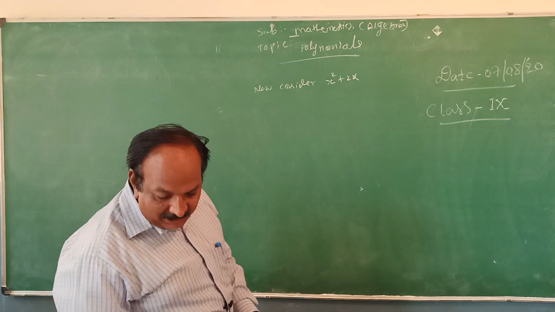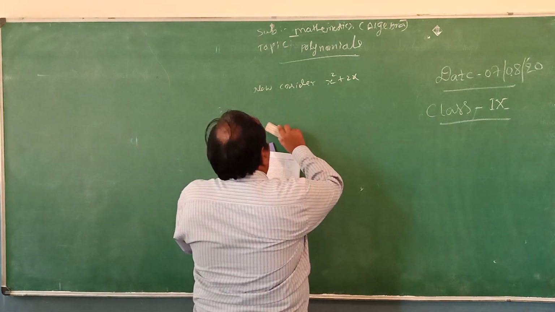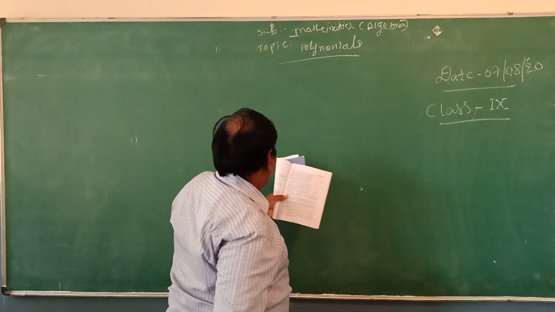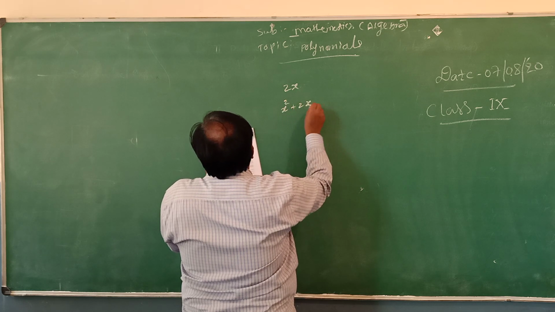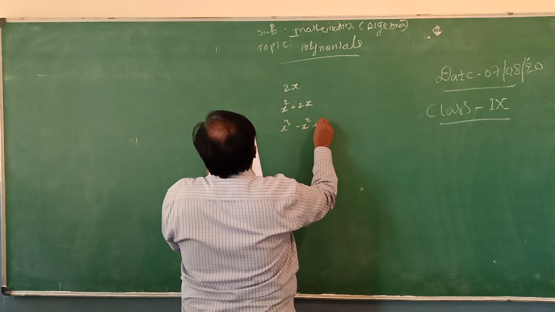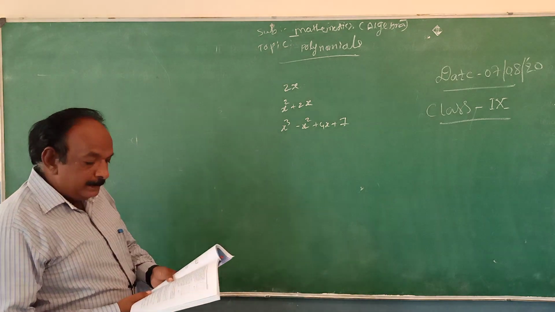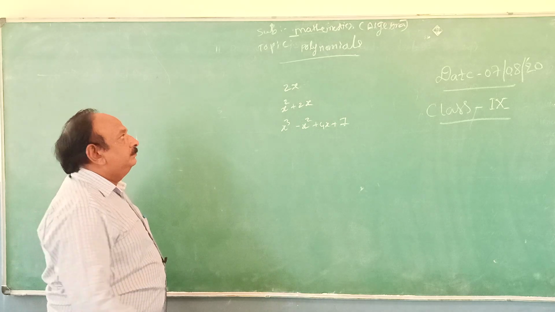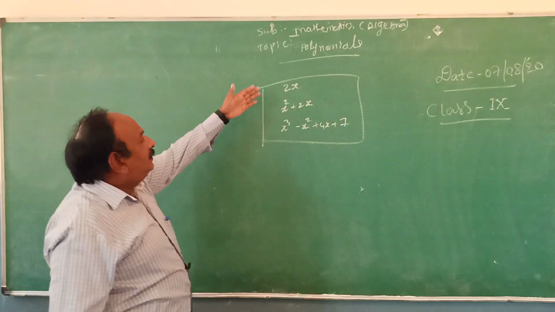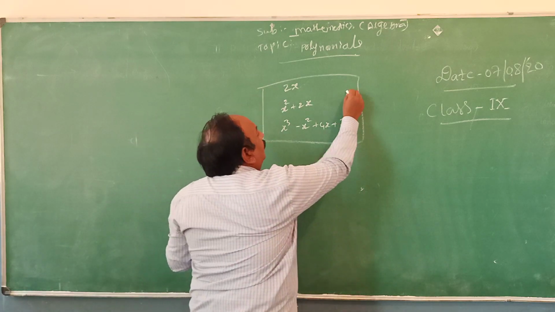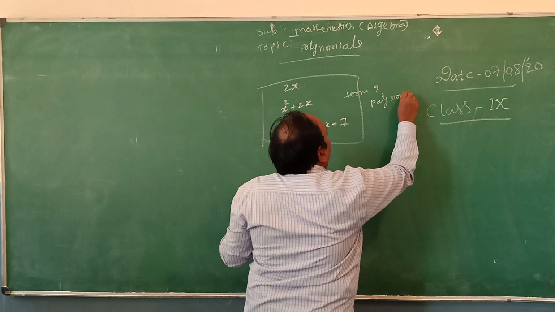This is a polynomial. Sir, how do we write this? Now consider x square plus 2x, x cube minus x square plus 4x plus 7. These are called the terms of the polynomial.